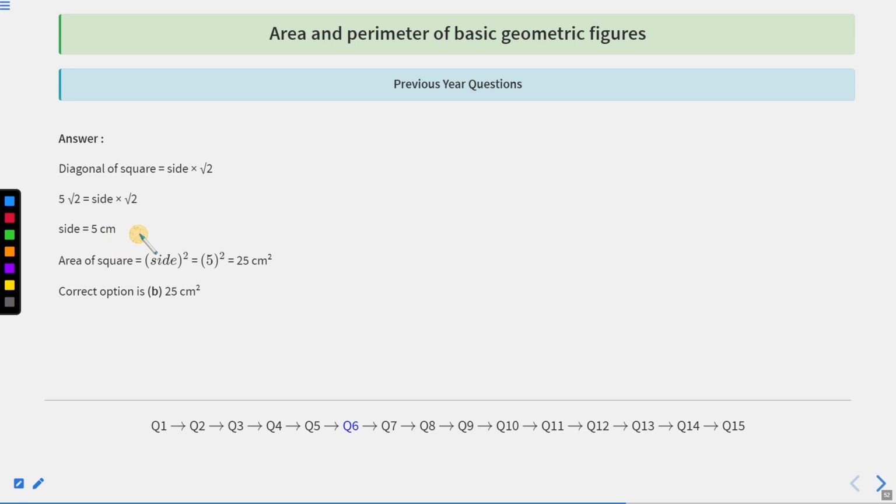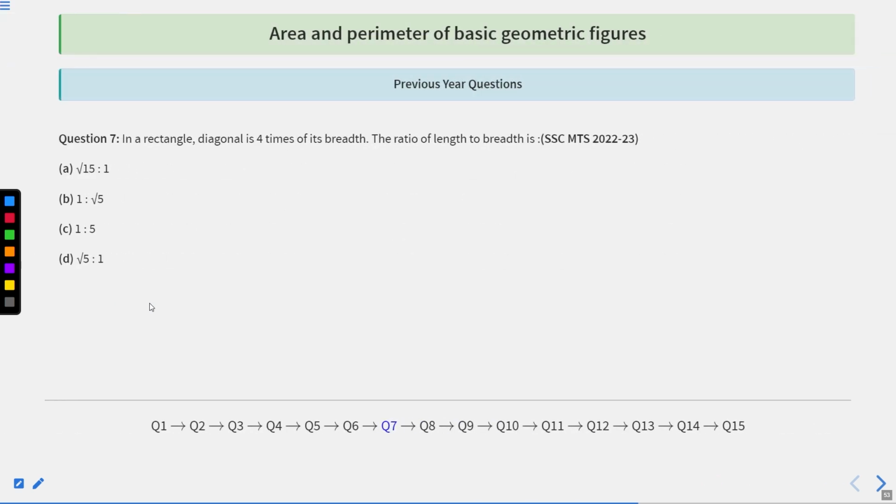Since the side is known to you and the formula to compute the area of a square is side into side, we can substitute the value of side in this formula to obtain 5 times 5, that is equal to 25 centimeter square. So option B is correct here, that is 25 centimeter square.